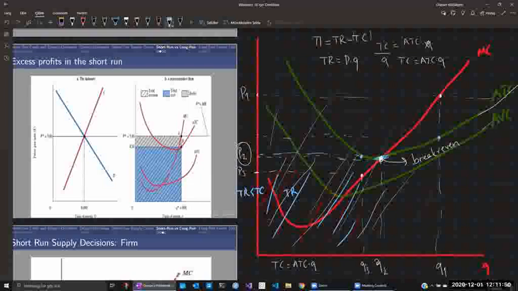Because these are payments that I already made, but in the short run, I cannot take them back. So what do you think? Should the firm produce this amount, although there are some losses, or should the firm say, okay, I don't make any production?